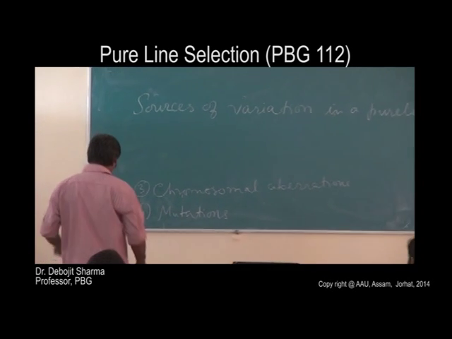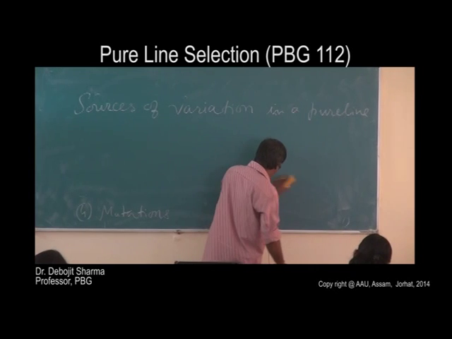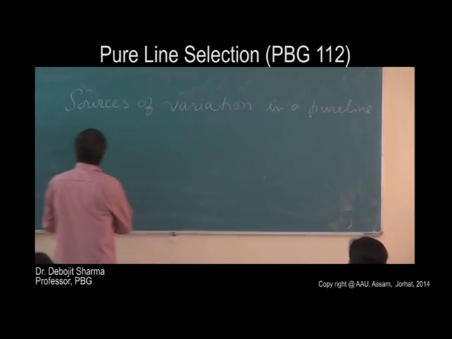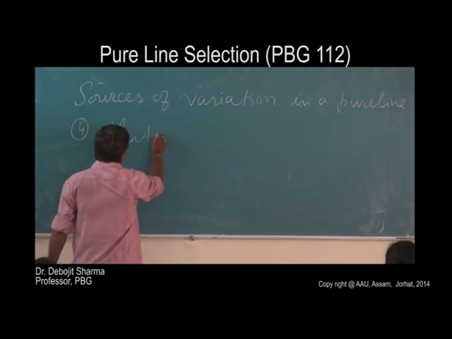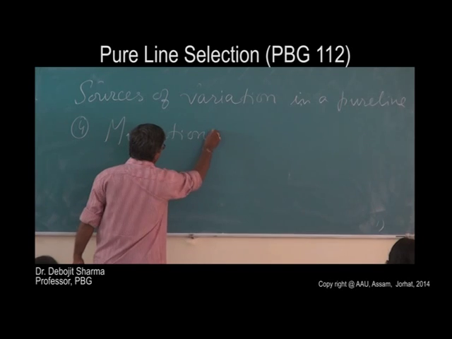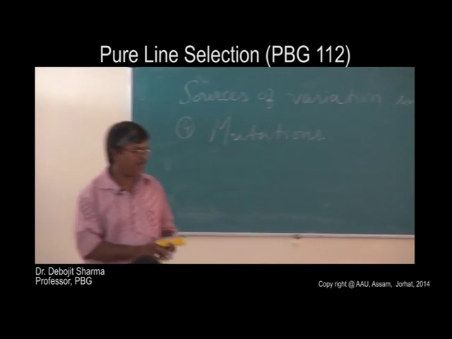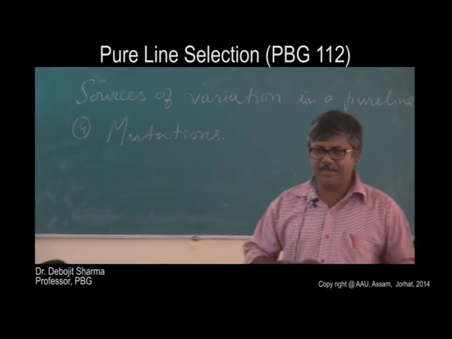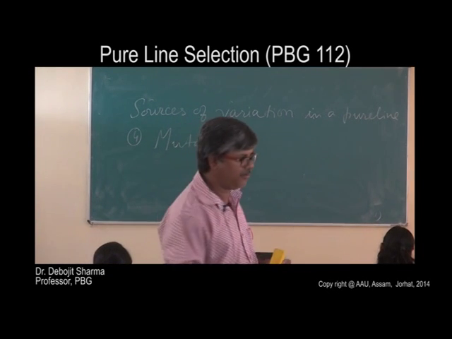Then last but not the least, the most important factor, mutation. Mutation is the most important factor in evolution. So what is mutation? Can anybody tell? The simple definition is that it is a sudden heritable change in the character of an individual or plant.